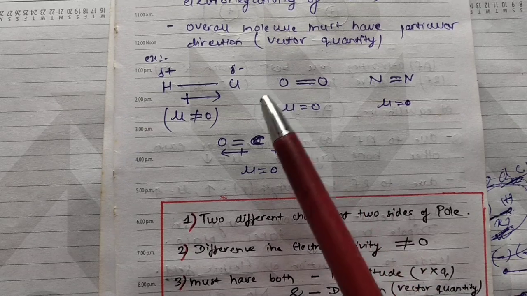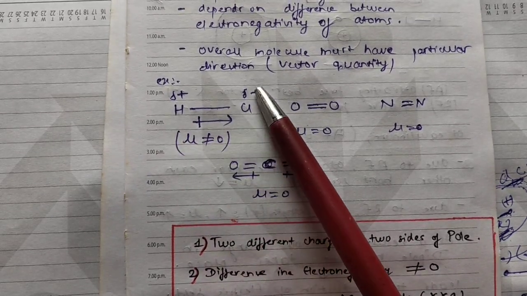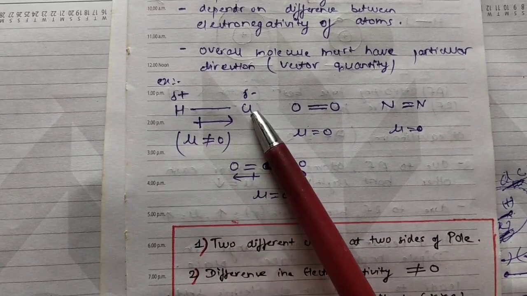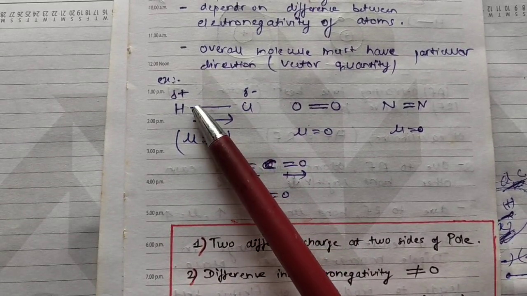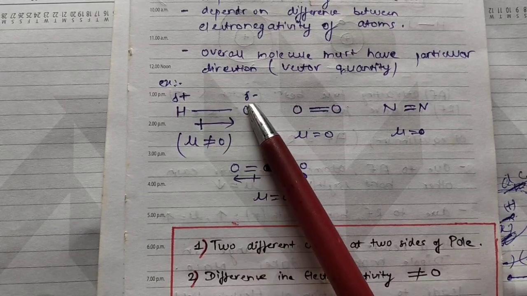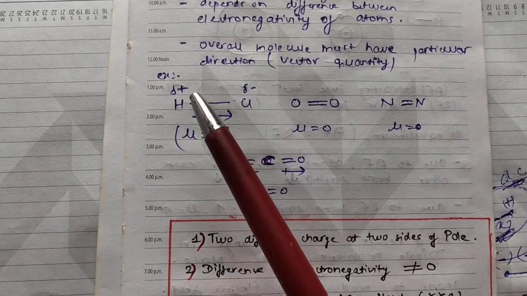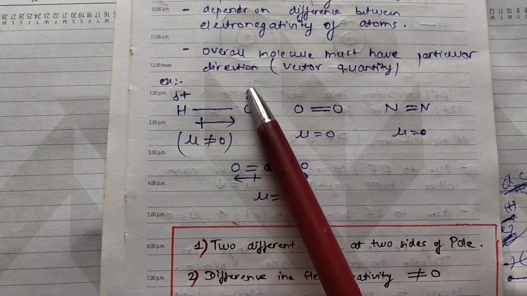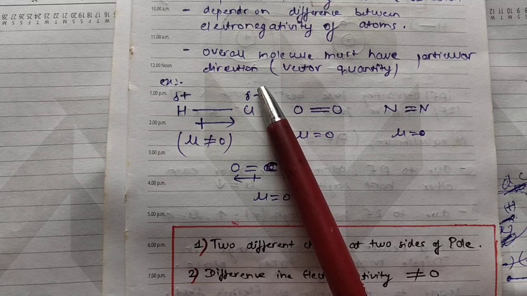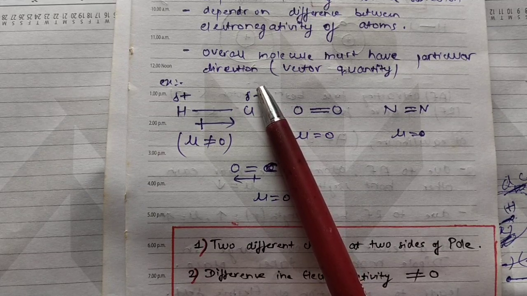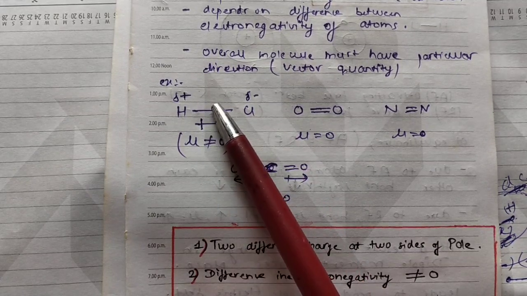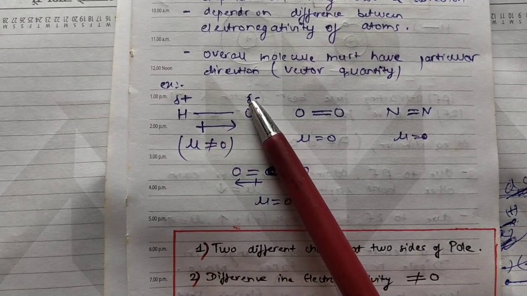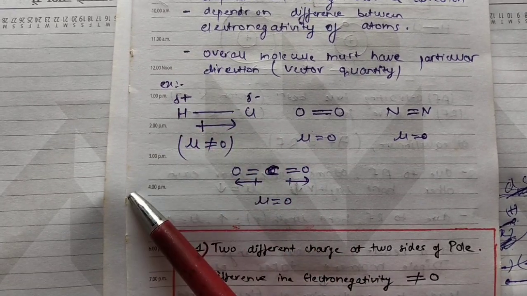Because if there is a difference, like in HCl, chlorine's electronegativity is more than hydrogen's, so it will pull the electrons in the covalent bond towards itself. The shift of electrons will be more towards chlorine, which gives it a partial negative charge. I'm not saying completely negative, because the electrons are still in the bond and shared between the atoms. That's why it gains a partial negative charge. By default, hydrogen gets the partial positive charge.